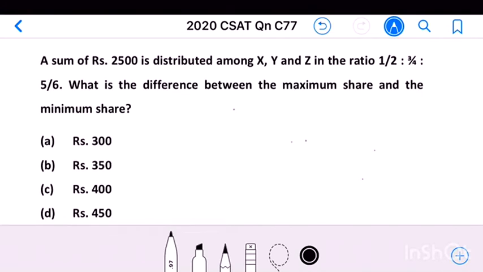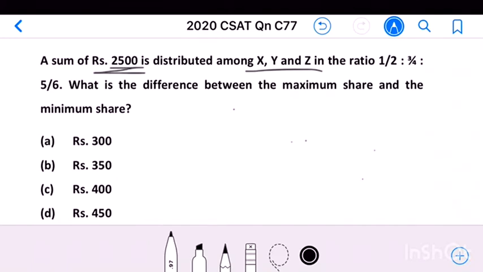Question number 77. A sum of rupees 2500 is distributed among x, y and z in the ratio 1 by 2 is to 3 by 4 is to 5 by 6. What is the difference between the maximum share and the minimum share? So here we have to distribute 2500 among x, y and z.